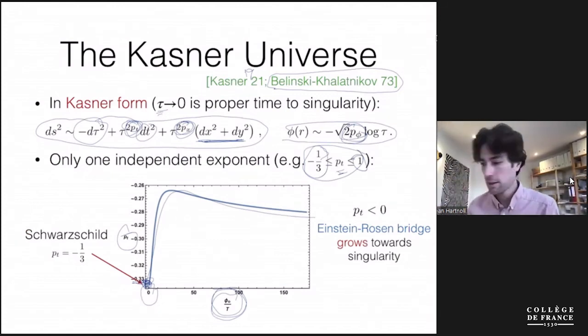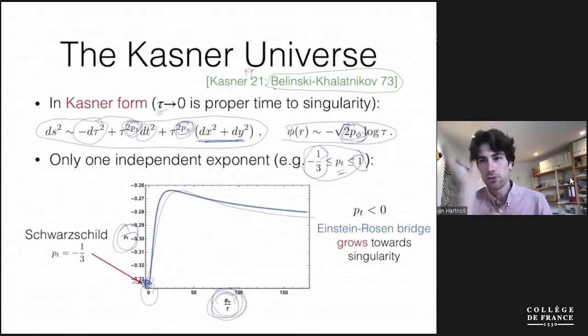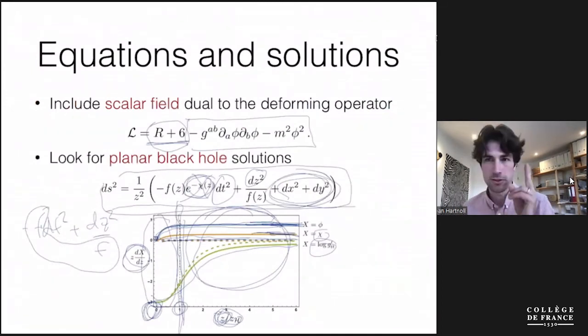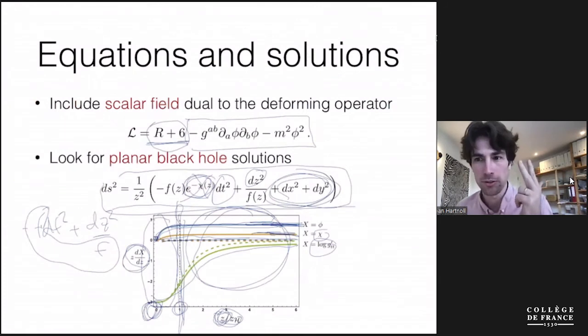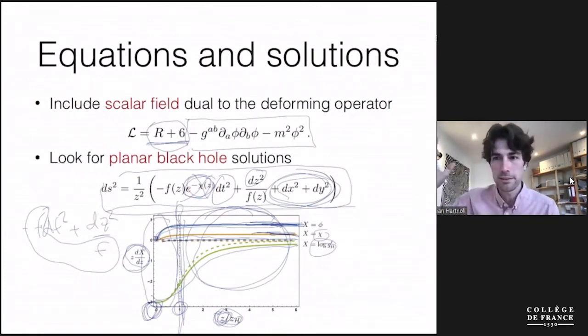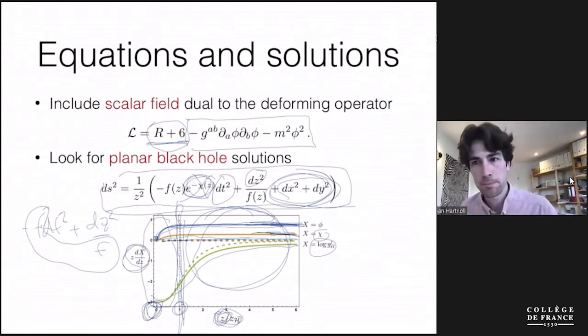And the way to think about it is there's a Kasner exponent at the singularity that depends on the deformation of the boundary. And what's also a bit nice, I think, about these planar black holes is that, okay, it's numerics, but there are three numerical functions. And so it's a very explicit evolution from AdS to Kasner.